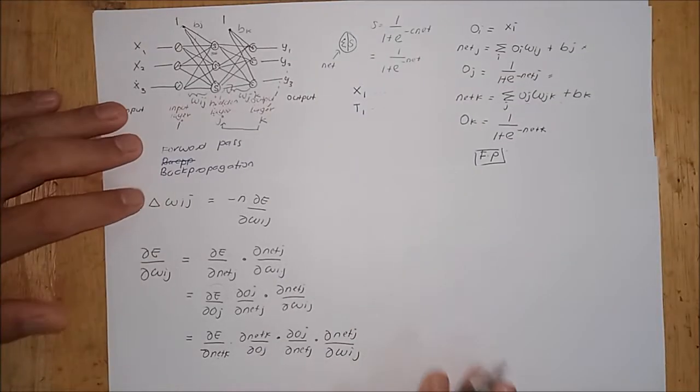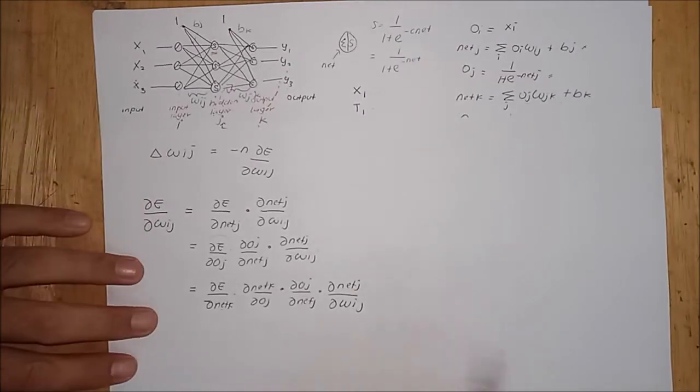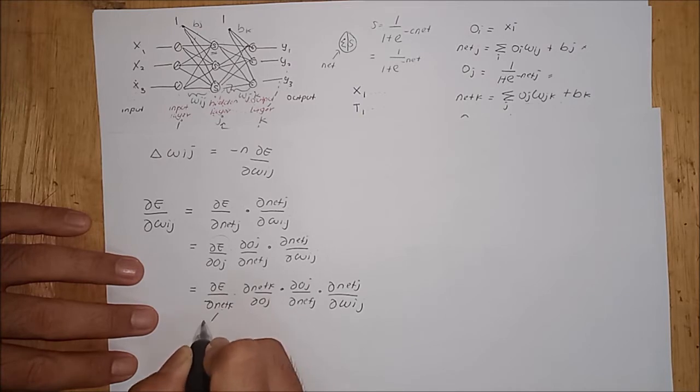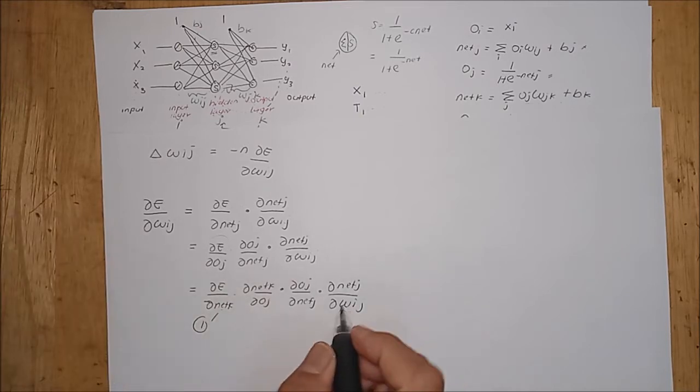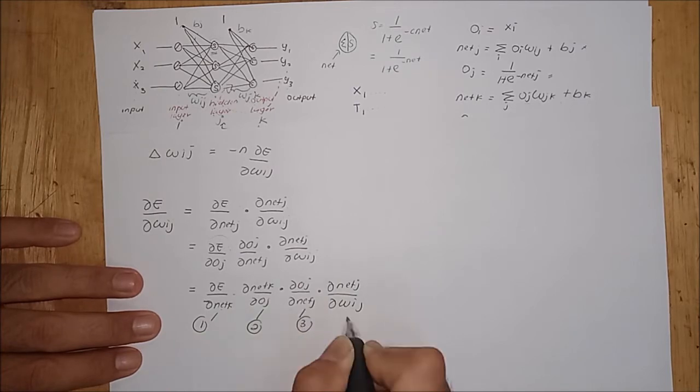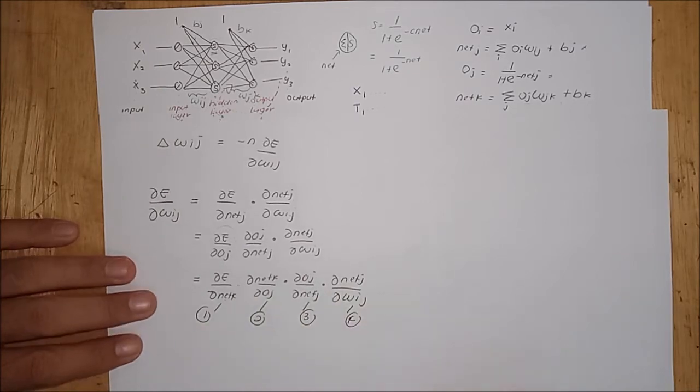For this part of the derivation, we are left with four parts of the partial derivation: the first, second, third, and fourth parts.